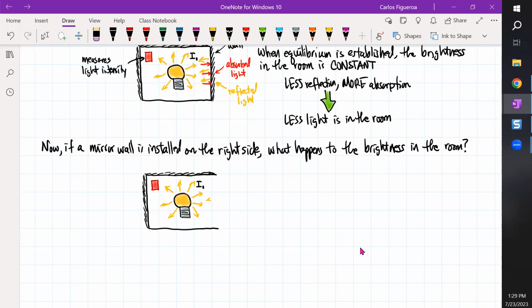So I'm going to put a mirror. So I have a mirrored wall right here. And then, of course, we have our backing that doesn't allow any light to escape.